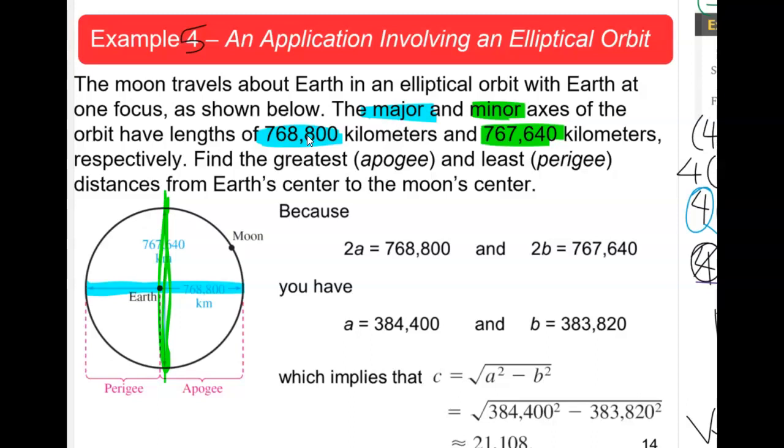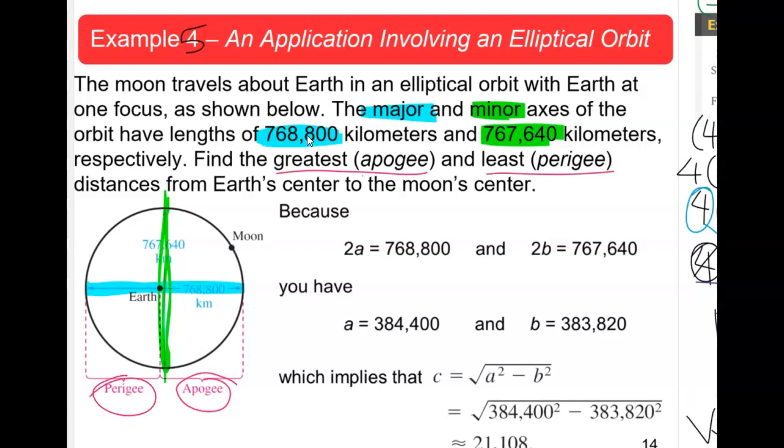So find the greatest apogee and least perigee distances from Earth's center to the moon's center. And you could see those two words, the greatest, it's going to be here. And then the least perigee is going to be here.